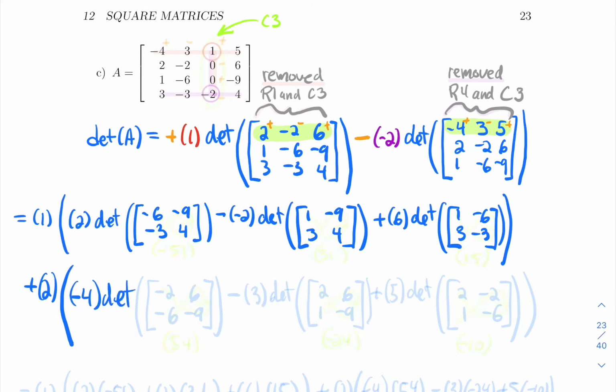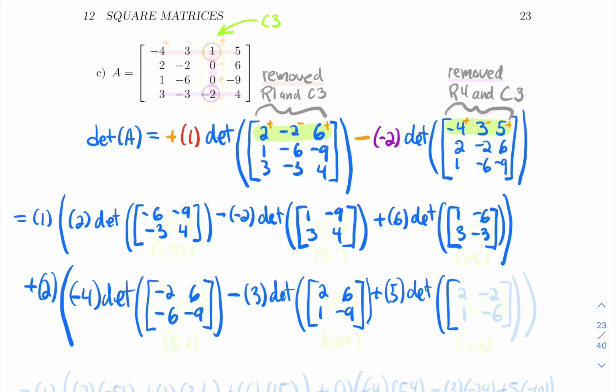If you remove row 1, column 1, the submatrix is minus 2, 6, minus 6, minus 9, minus, so the 3 is at a minus position, so 3 times the determinant, removing row 1, column 2, so you're getting 2, 6, 1, minus 9, and then plus 5, so 5 is at a plus position, determinant of the submatrix here, removing row 1, column 3, so 2, minus 2, 1, minus 6.